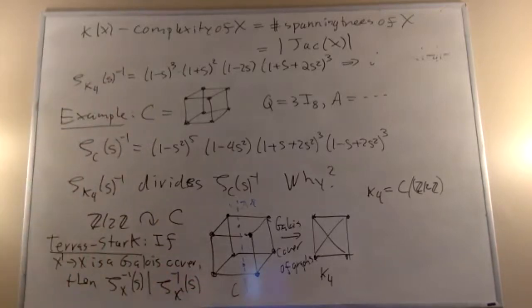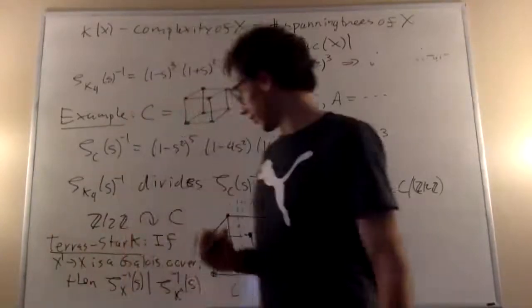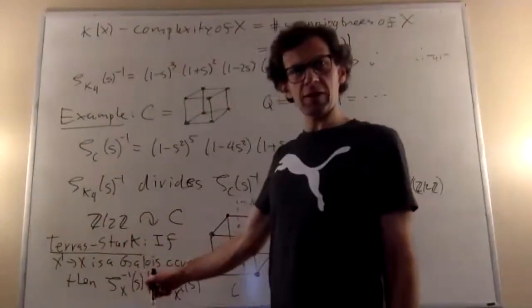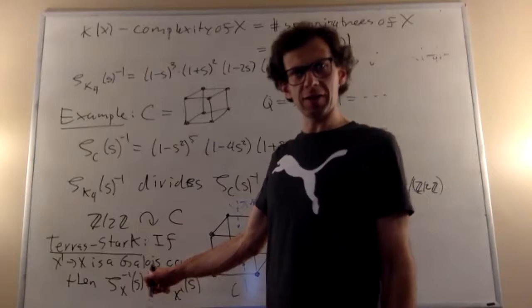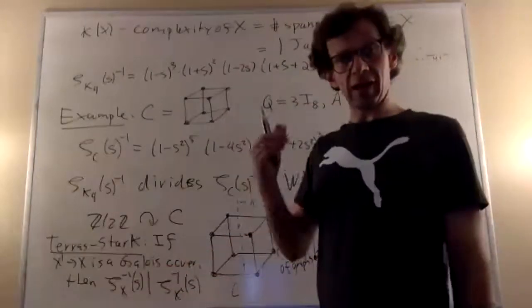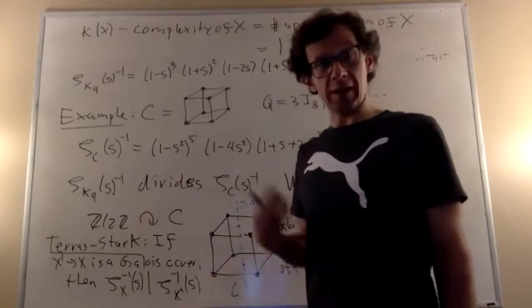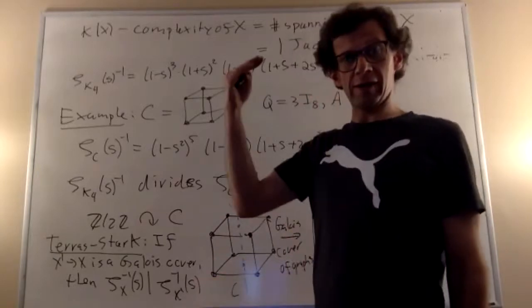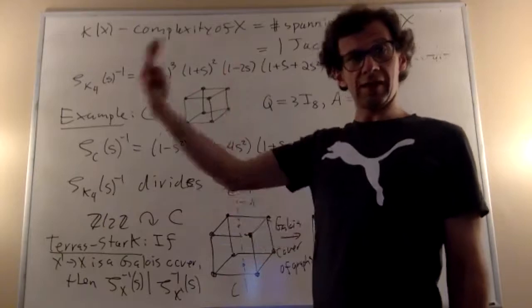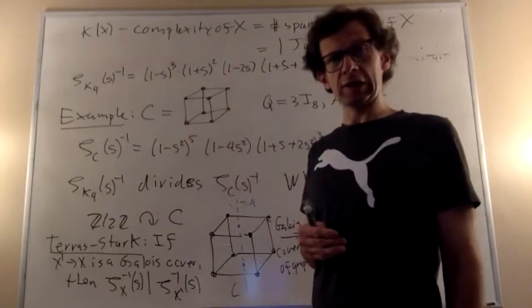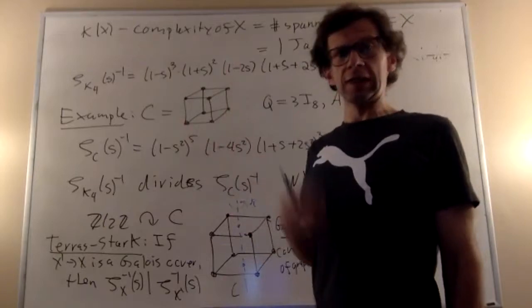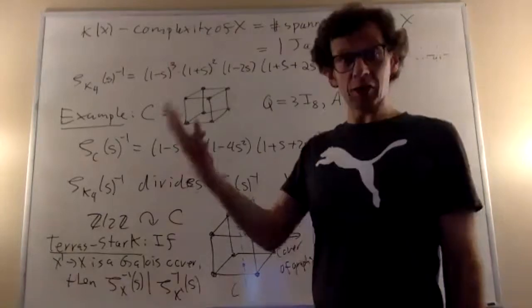Okay. So again, the corresponding statement in number theory is: if you have a Galois extension of number fields, does the Dedekind zeta function of the smaller field divide the Dedekind zeta function of the larger field? That is actually one of the starting points. A major open problem.